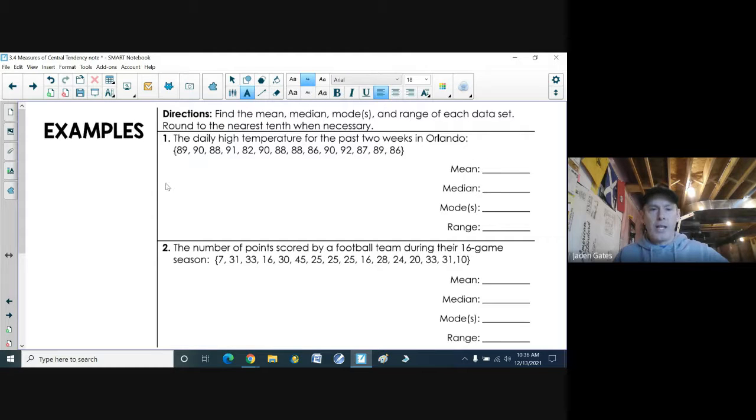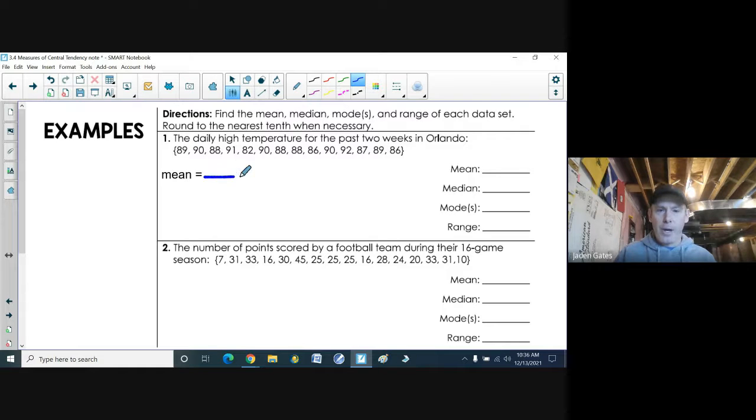Now, the first thing is the mean is equal to, we have to add up all of these numbers first, and then we're going to divide it by 14 because there are 14 of them. So this is the part that's hard when you're doing the mean. You have to add up these 14 numbers.